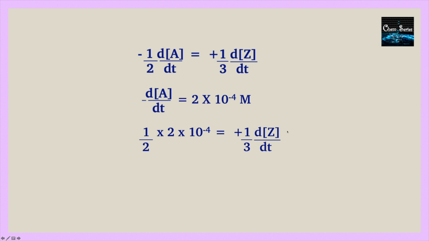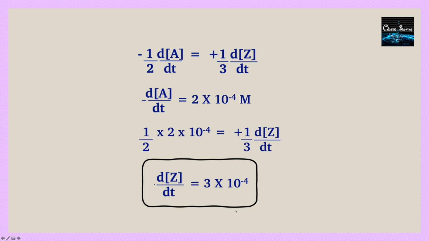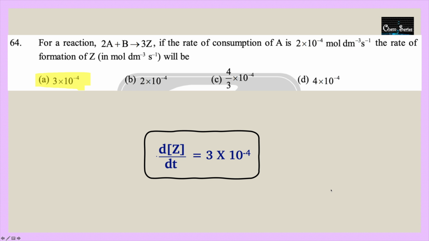Hope you understood up to this. Then bring 3 over to that side. So the 2 by 2 will get cancelled, and only 3 will be remaining, right? So 3 into 10 power minus 4 molar concentration will be the rate of formation, dZ by dt. So your answer is option A. Clear?